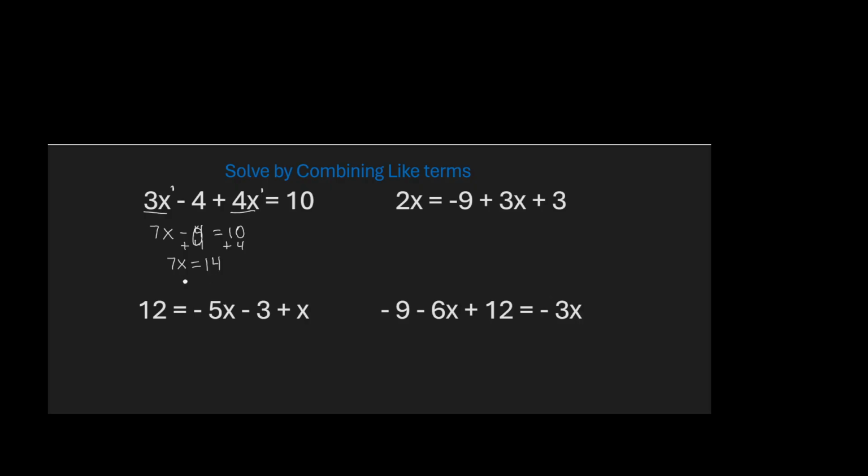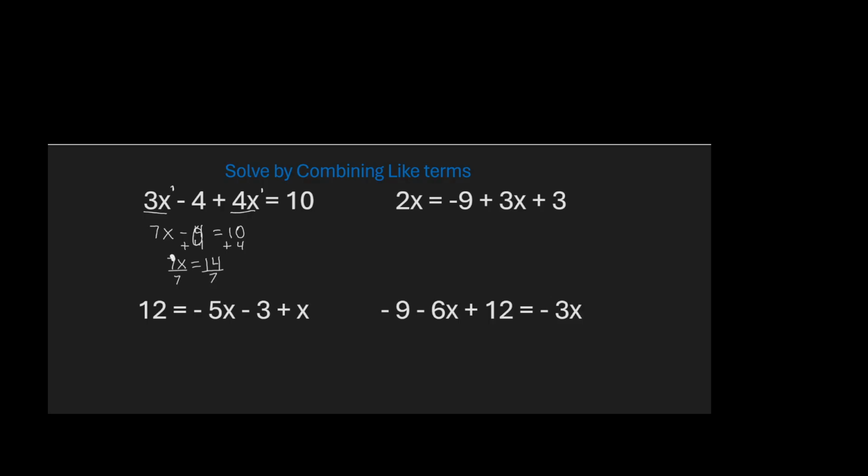And now I have to get rid of this 7. I know I say 7x, but it means that number 7 is multiplying x. To get rid of it, I have to make it 1 by doing the opposite. Because we have multiplication between them, the opposite of multiplying is dividing. So I'm going to be dividing by 7, and on the other side, I'm going to be dividing by 7.